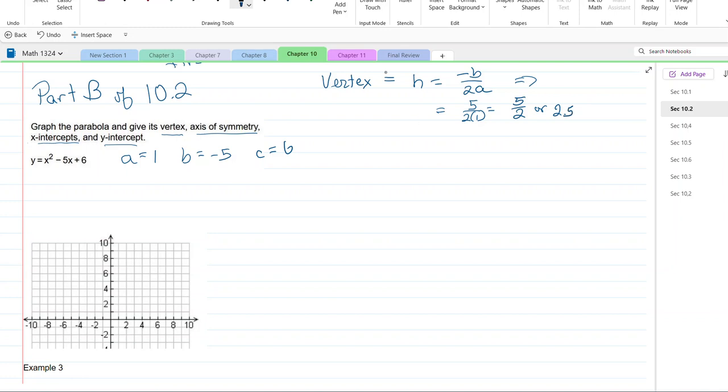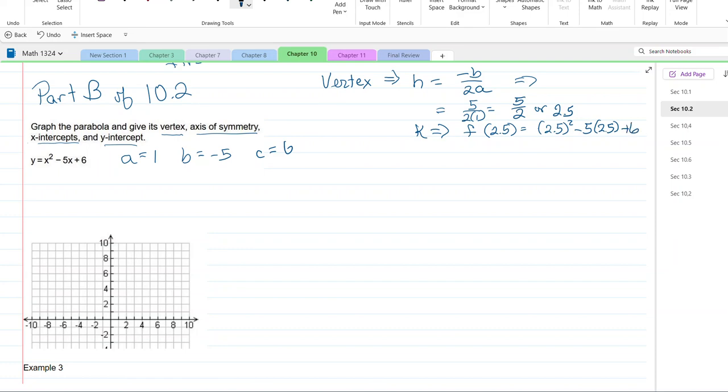All right. So my k is going to be f of that 2.5. So I'm going to have the function 2.5 squared minus 5 times 2.5 plus 6.